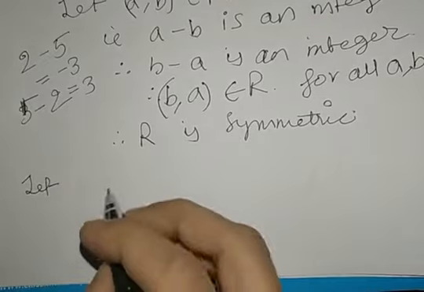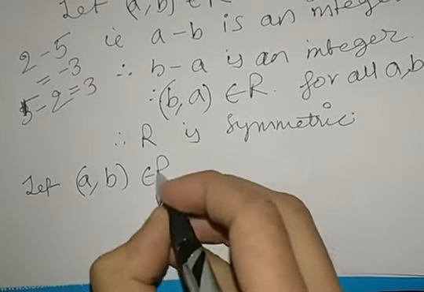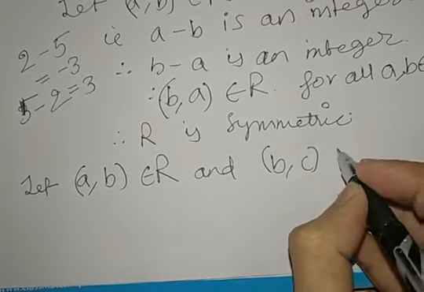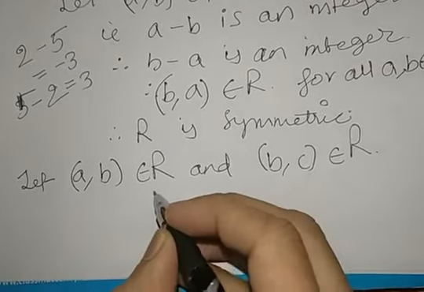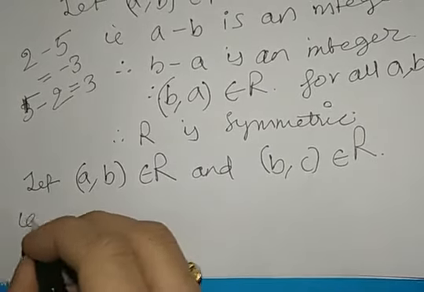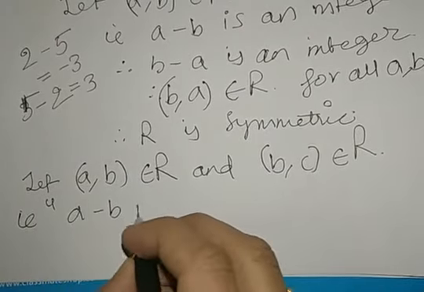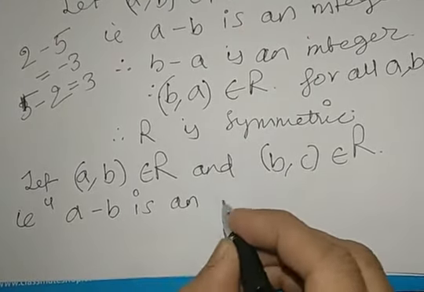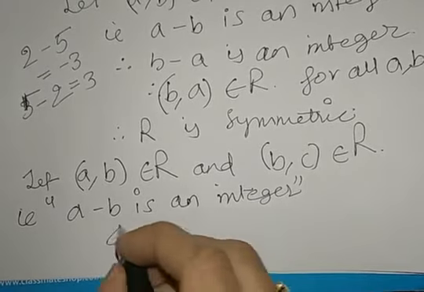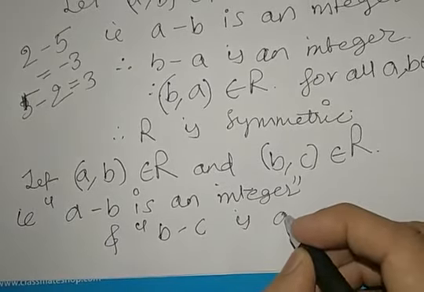Now suppose you take (a, b) belonging to R and (b, c) belonging to R. So that is, a minus b is an integer and b minus c is an integer.